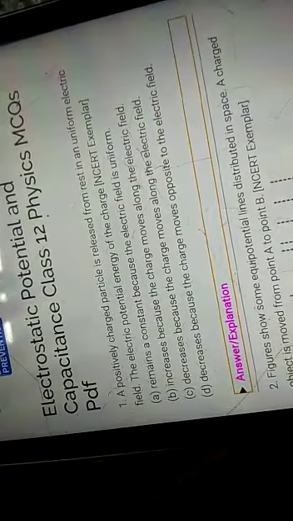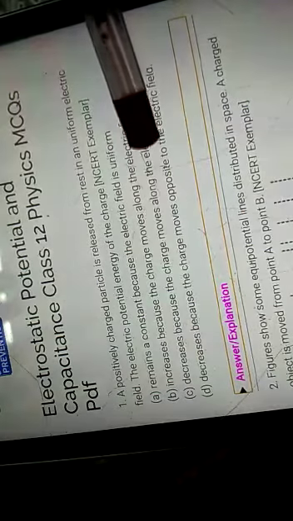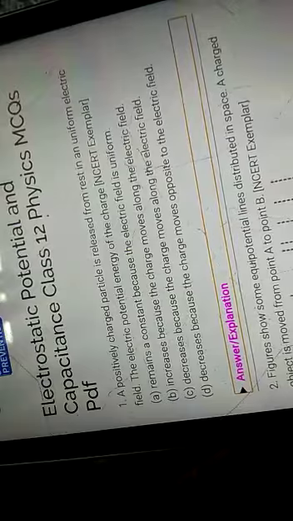So the potential will decrease as r increases, as it moves along the electric field. So your correct option is C: decreases because the charge moves along the electric field.